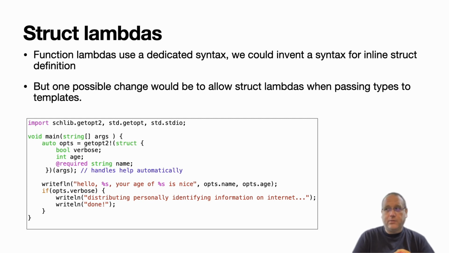We kind of have the new class syntax where you can define a new class anonymously. We could do something similar with structs. I would like to see some options or proposals for this, because I think it would be nice. So here you have my getopt2 example, but instead of specifying the struct externally, I just specified it inline. That would be really cool to be able to do.